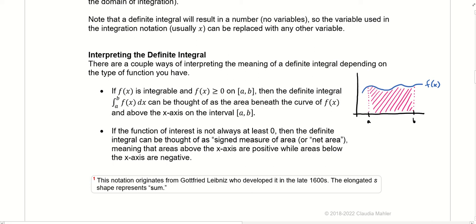That's one way of interpreting the definite integral if you've got the whole function above the x-axis on the interval of interest. But like we saw actually in that last example with Riemann sums, that's not always the case with functions. So we might have a situation where maybe our function is not always above the x-axis on our interval. So maybe our function looks like this.